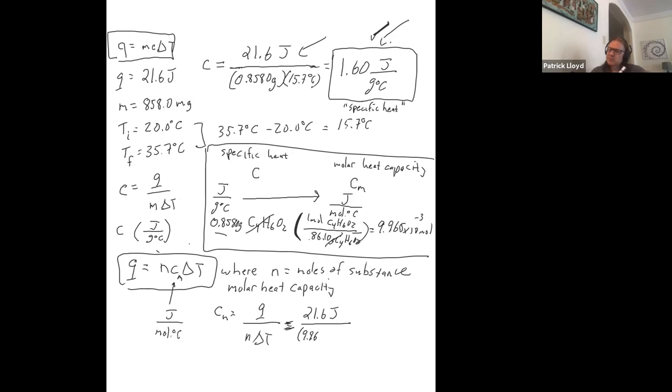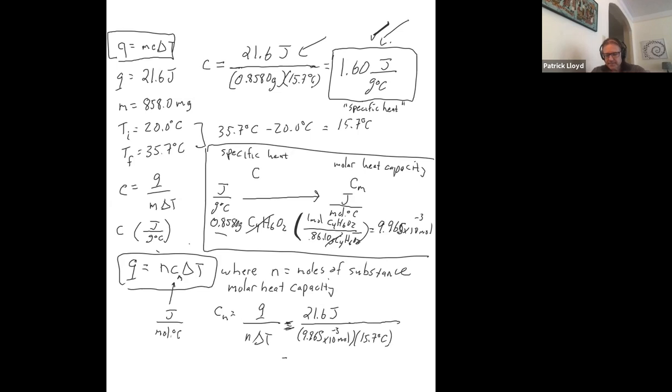Okay, so it's 9.965. Sorry, that's a 5. Doesn't look like a 5, did it? It's a 5 times 10 to the minus 3 moles. And then our delta T we said was 15.7.